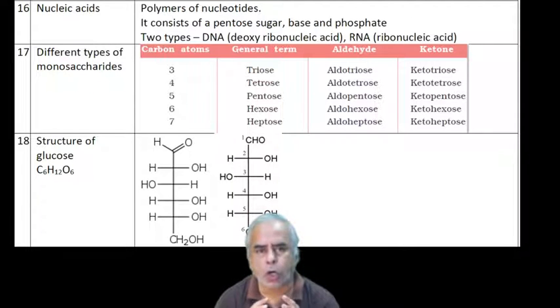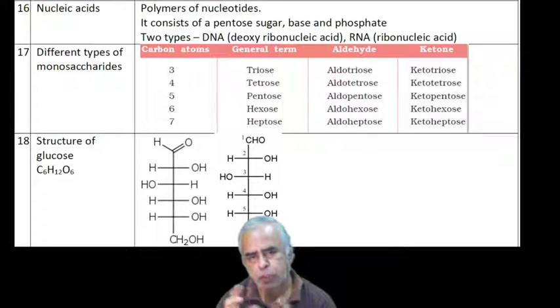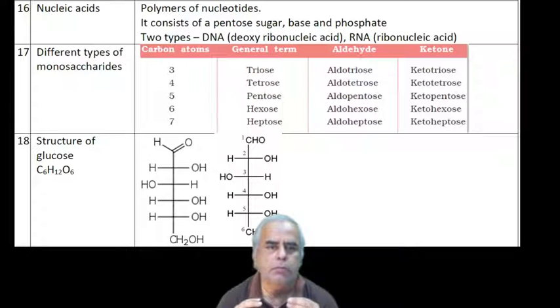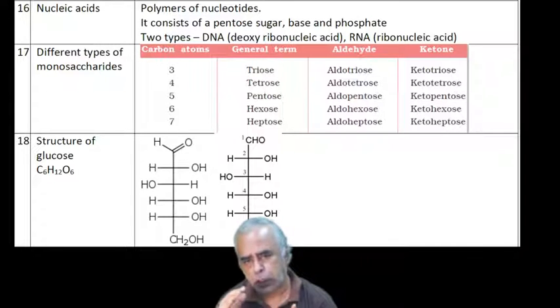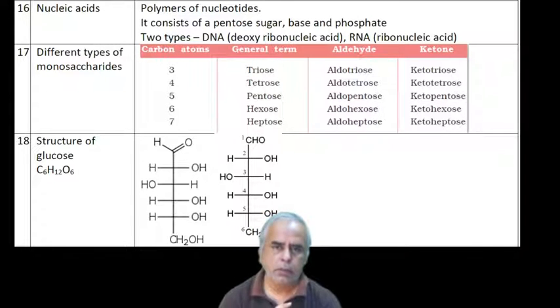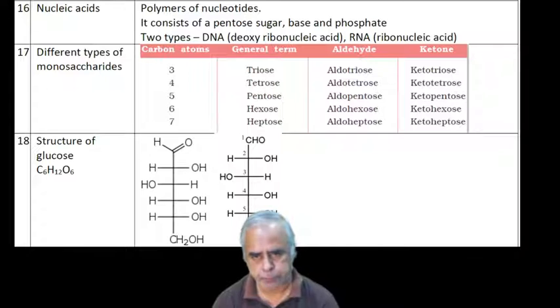It consists of pentose sugar, base, and phosphate. So there are two types of acids here. One is DNA, that is deoxyribonucleic acid. The other one is RNA, ribonucleic acid.